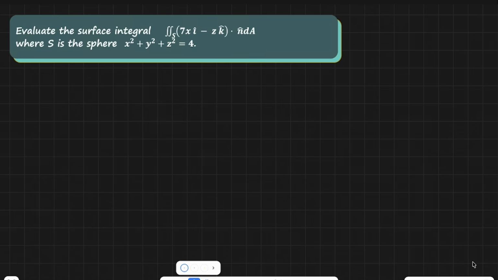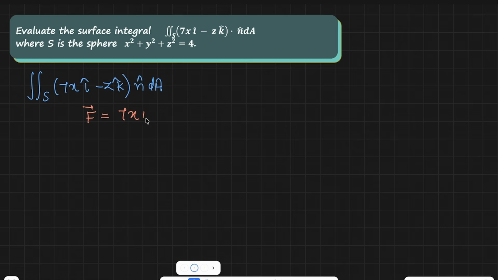Now next, come to this question: evaluate the surface integral. Again we will use the Gauss divergence theorem here. This is the surface integral of 7x i cap minus z k cap dot n cap dA. So we will convert this into a triple integral. So first of all, your target is to identify F. So what is your F?